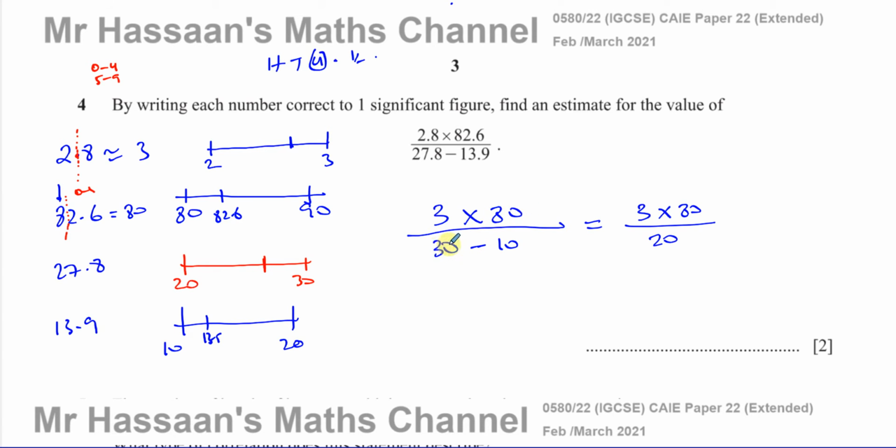So this is separate from that. This is like 3 times 80 in a bracket divided by 30 minus 10. This big fraction bar acts like a bracket. So there's no problem with me doing 30 minus 10 first. In fact, some people say brackets first, whatever, right? But I'm not going to multiply these two now, because what I'm going to do is make my life easy.